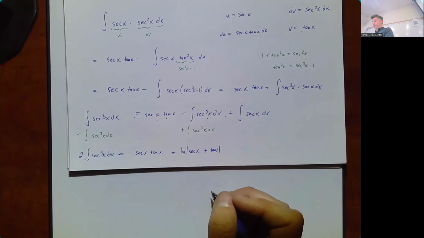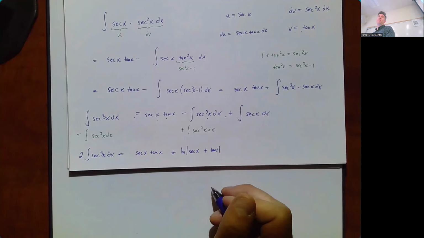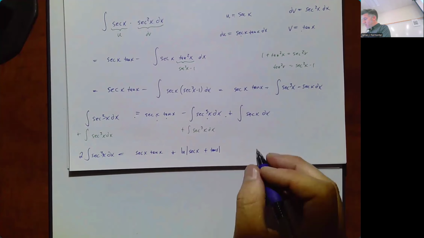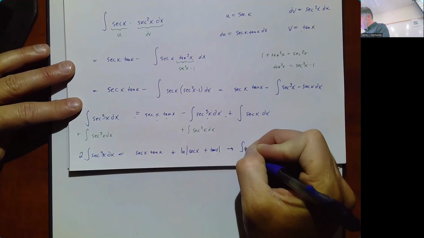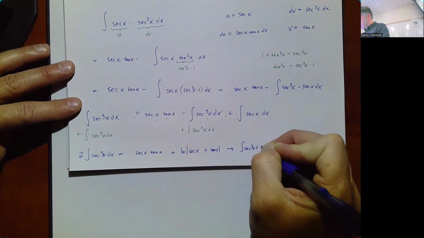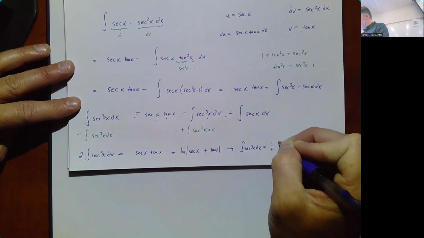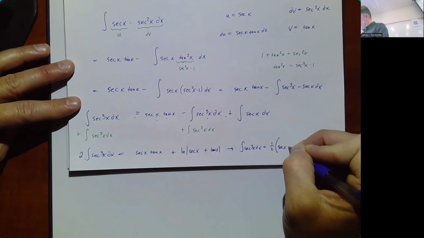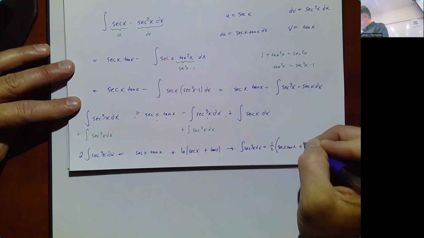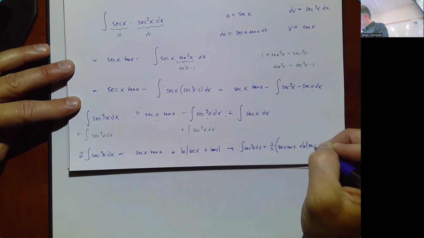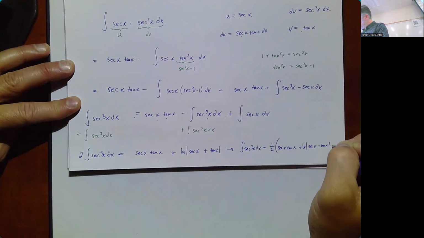And then to finish off the problem, we multiply both sides by 1/2 or divide both sides by 2. And we get that the integral of secant cubed x dx is equal to 1/2 times secant x tangent x plus the natural log of the absolute value of secant x plus tangent x. Oof, plus c.